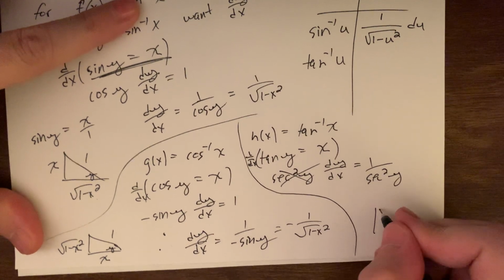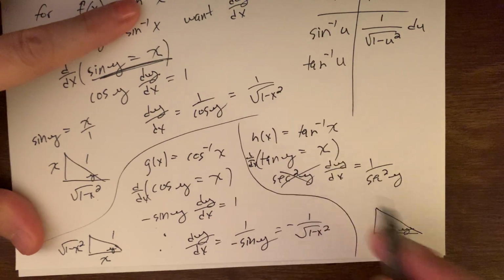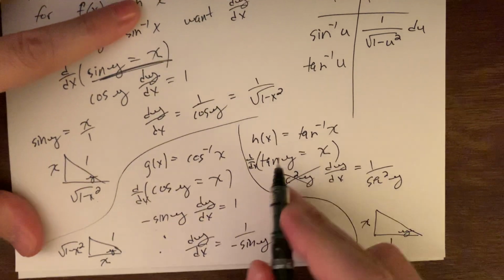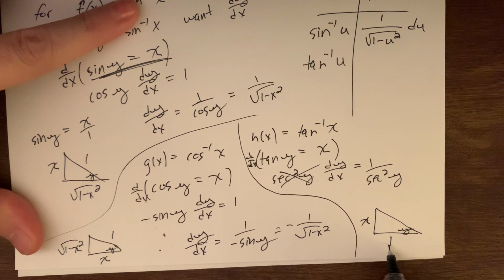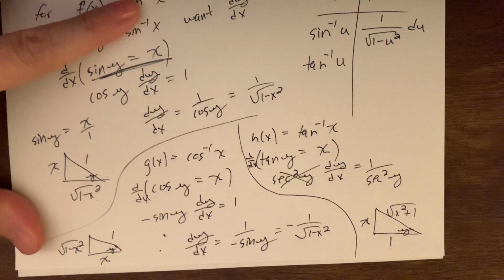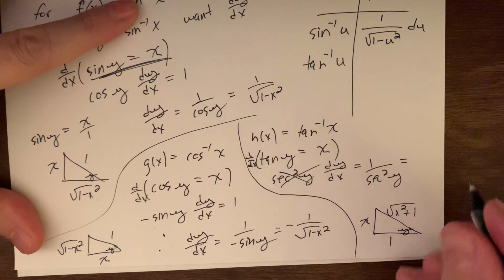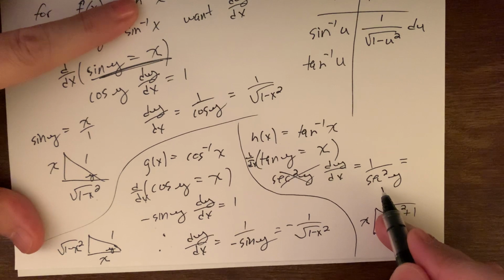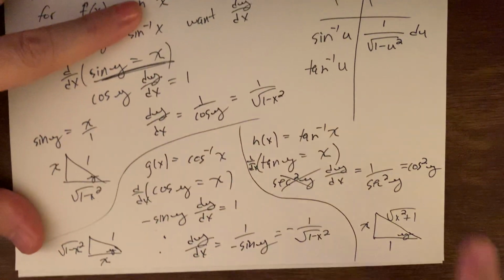This time, my right triangle. I've got x over 1, but this time it's tangent, so x is my opposite, 1 is my adjacent. Pythagorean theorem. We get this. Well, actually, I'm sorry, one more step. Instead of leaving this as 1 over secant squared, realize that's the same thing as cosine squared.